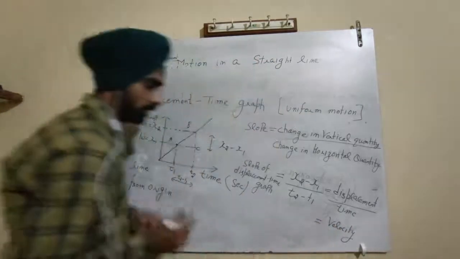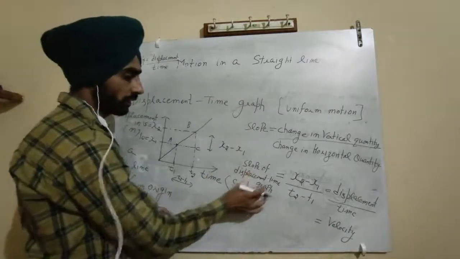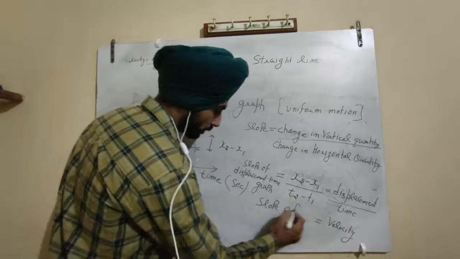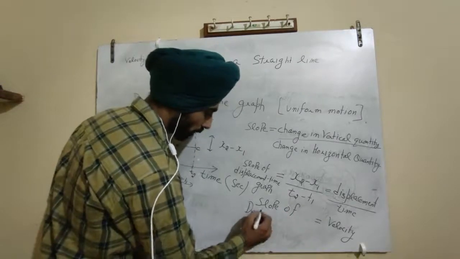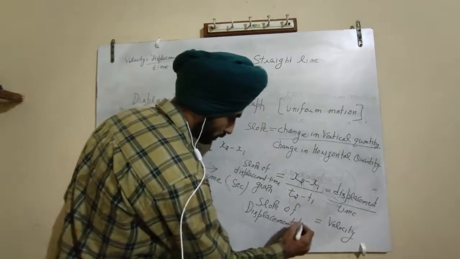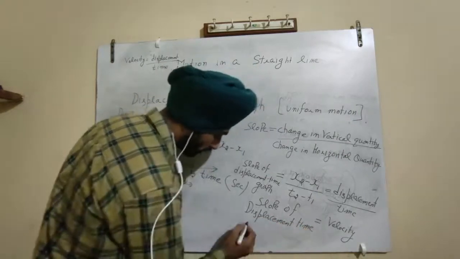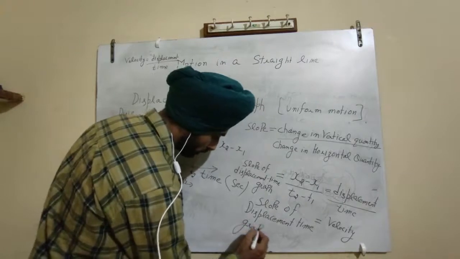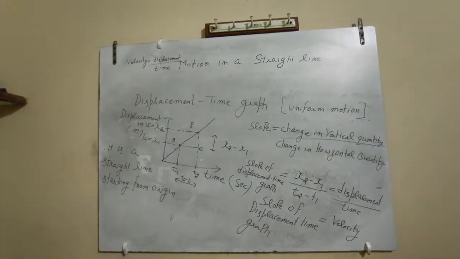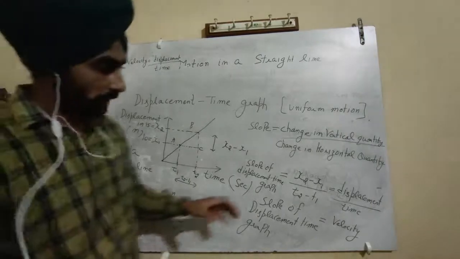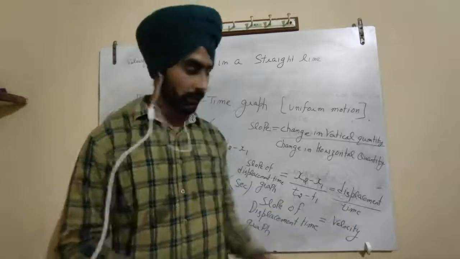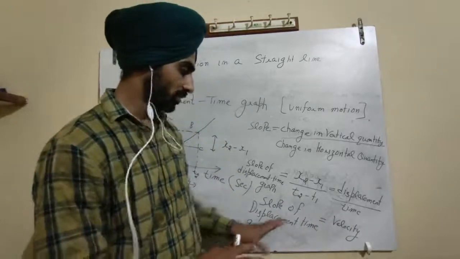So velocity is given by the slope of displacement time graph. We have reached this conclusion.